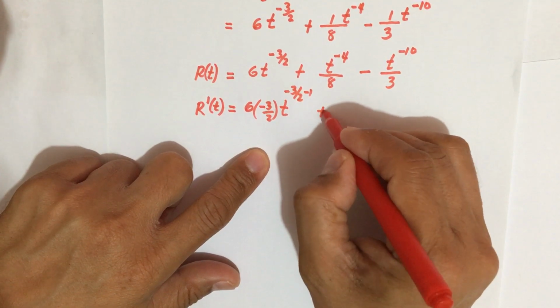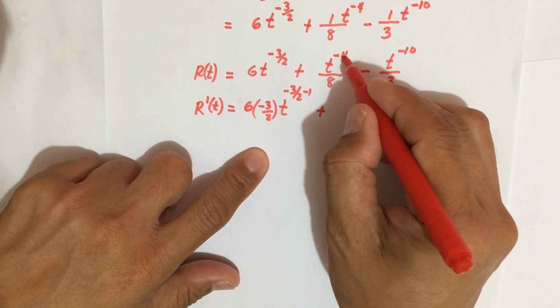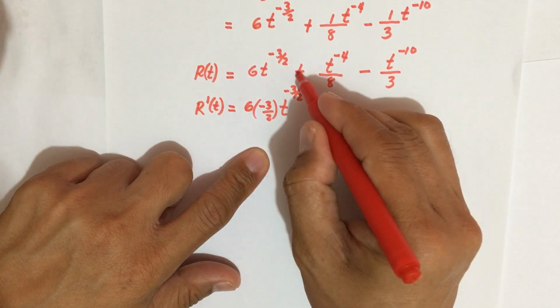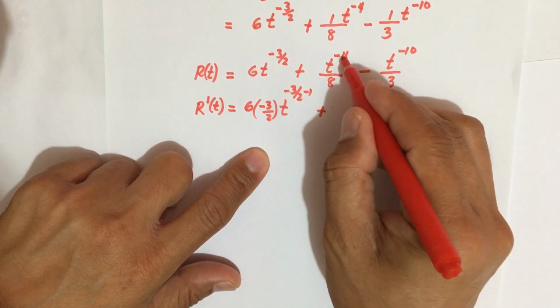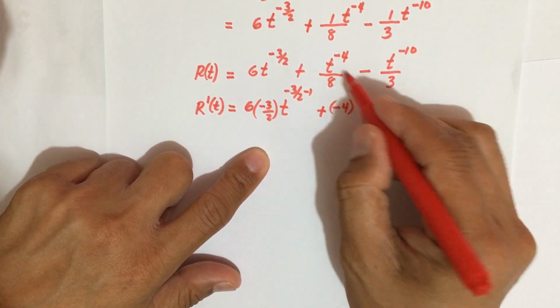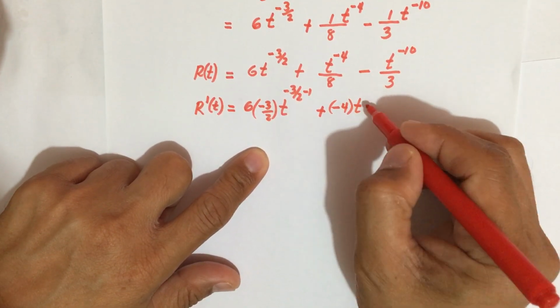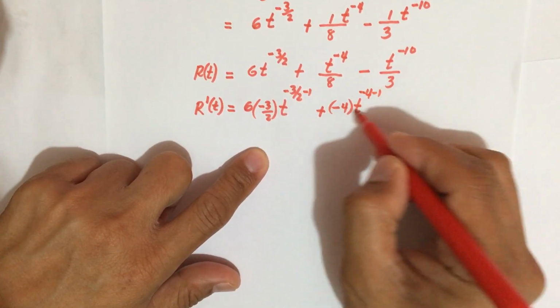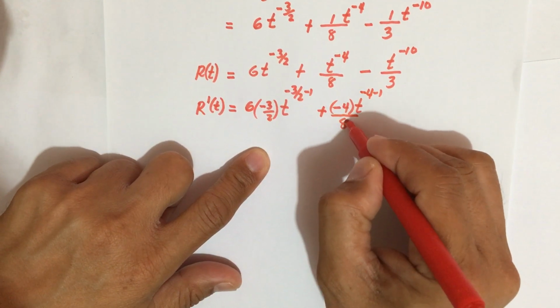Then plus, this will go down, so we have minus 4. You have plus here, but your exponent is minus, so minus 4, then times t to the minus 4 minus 1, divided by 8.